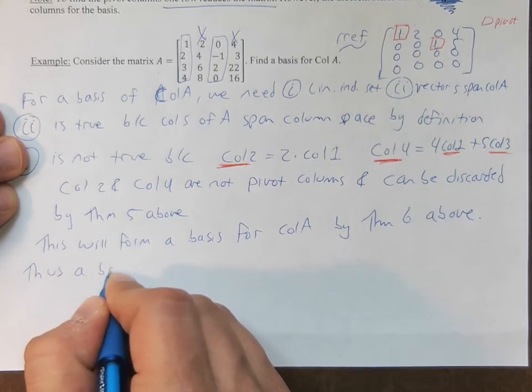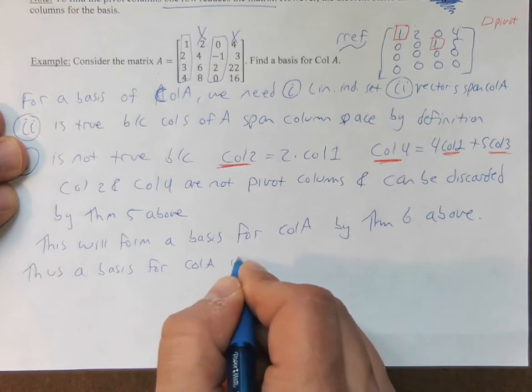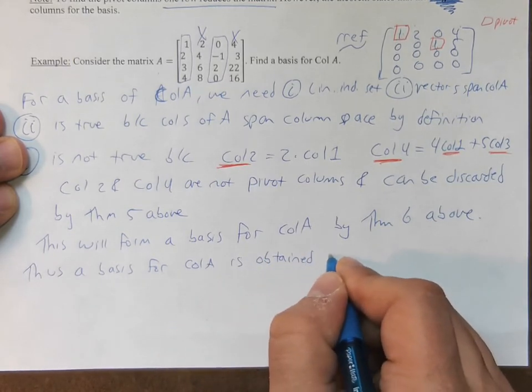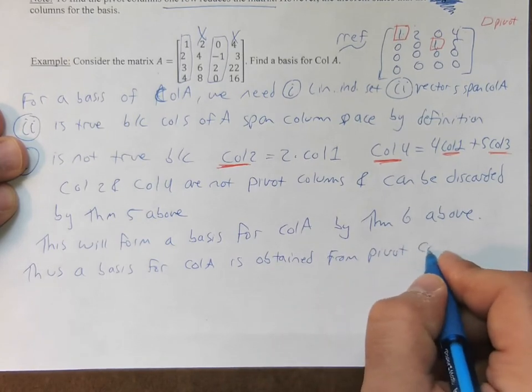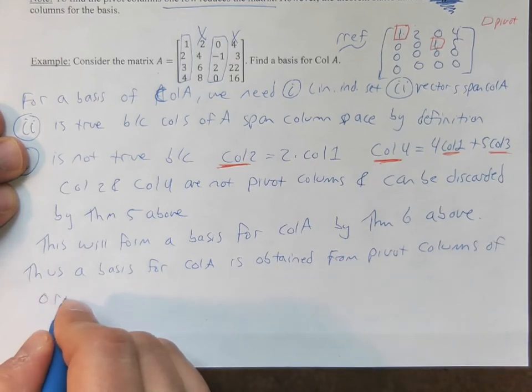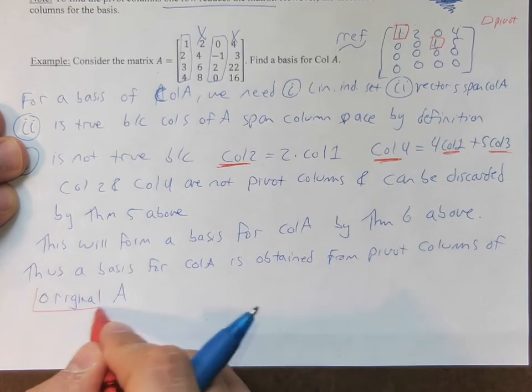Thus, a basis for the column space is obtained from the pivot columns of the original matrix A.